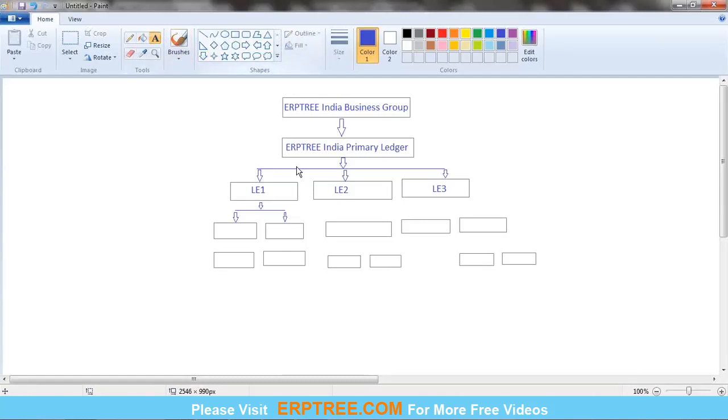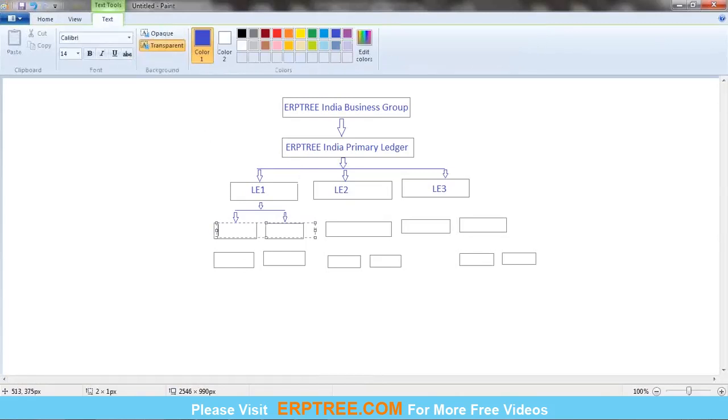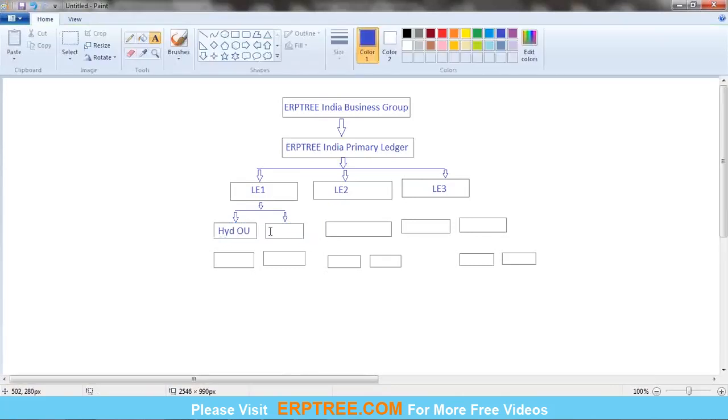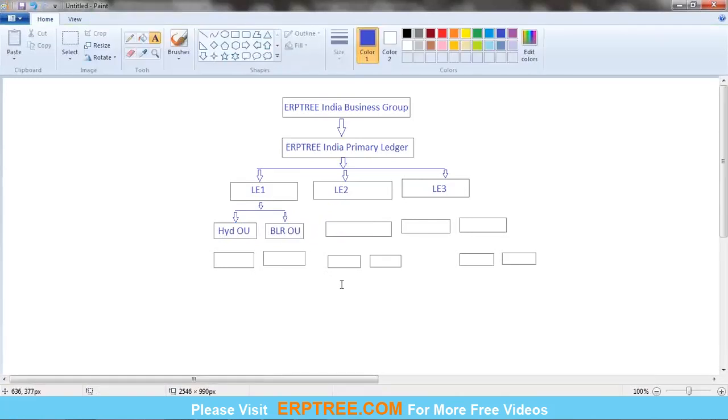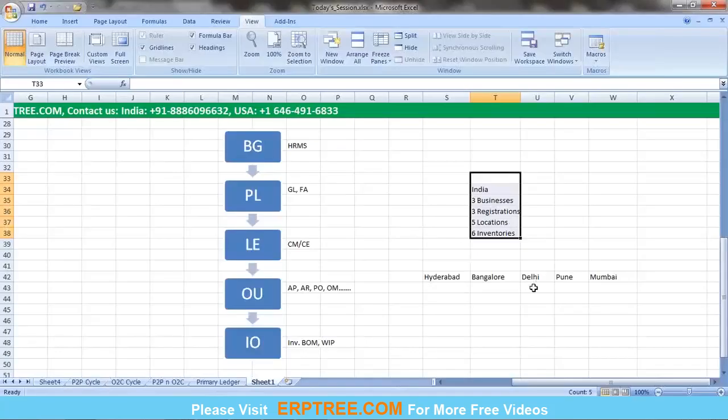You can say Hyderabad OU and Bangalore OU operating unit. And under LE2, you have only one operating unit. That is, as we discussed, the Delhi operating unit.